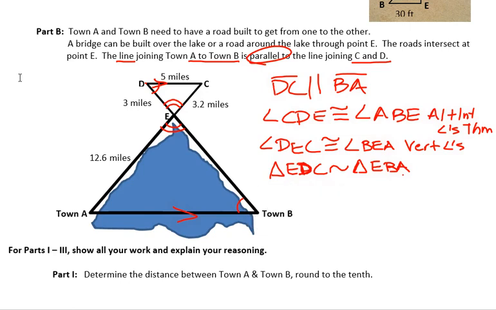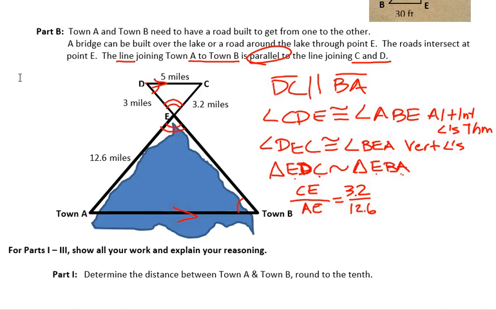Let's go CE over AE. That's the way it looks in the problem, little triangle over the big triangle. So we did AE over CE, or CE over AE. Same thing, but we just flipped it. So that's going to be 3.2 over 12.6. We could do that with another pair of sides too. It doesn't really matter which one we do.